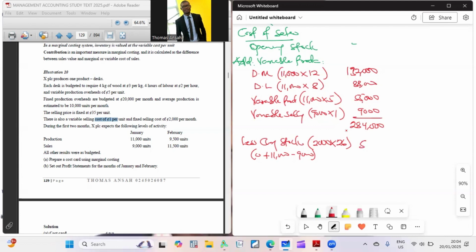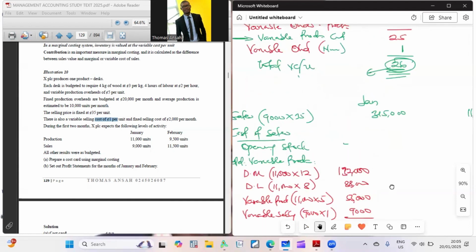So we will have to go back and use the 25 because it is stock that we are valuing. All right, closing stock. And I will explain that to you. But we will still have to take out the one for the one. It's dangerous. It's very, very tricky. So watch this. Like I said, I think I did the 25 there. Oh, let's go up. So look at it very carefully. That's the trick there. You see, we are valuing stock.